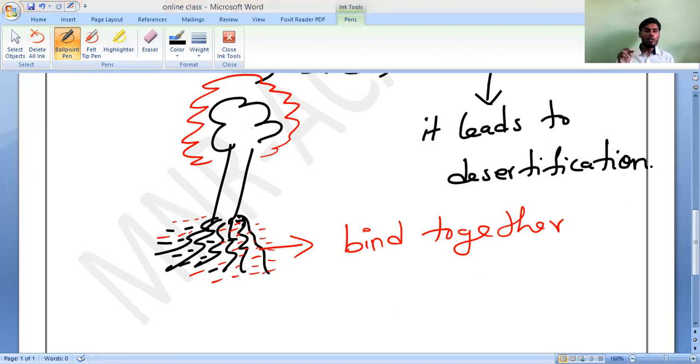So the roots of trees bind the particles of topsoil together. Due to this binding of soil particles, the wind and water are not able to carry away the topsoil easily.